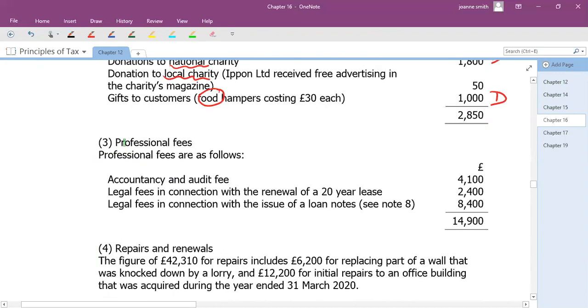Okay, remember the rule then, if it's anything to do with the trade, it's allowable. If it's not trade, i.e. something to do with capital or raising finance, then you're going to disallow it.